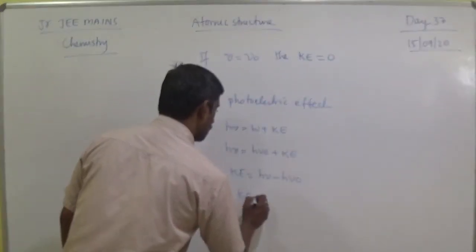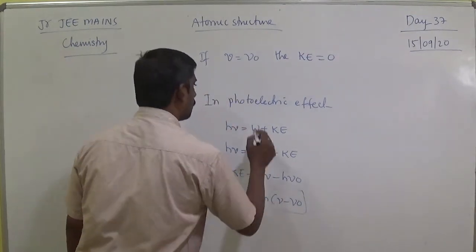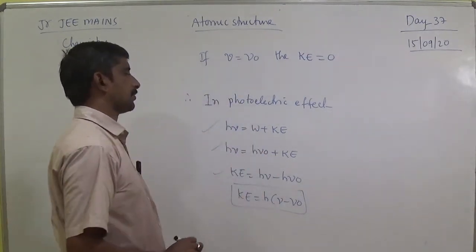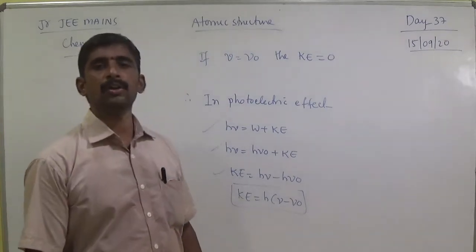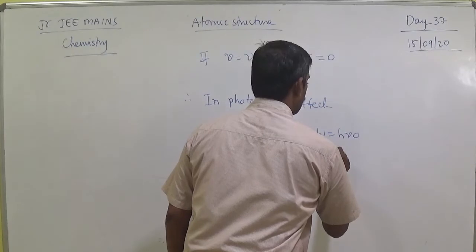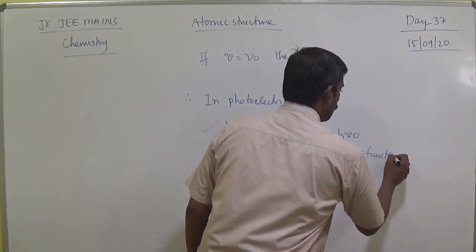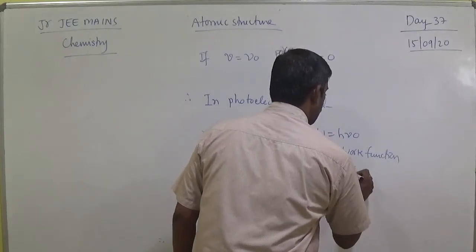These are the different forms of the formula. Here W means work function, W equals h nu naught, and nu naught means threshold frequency.